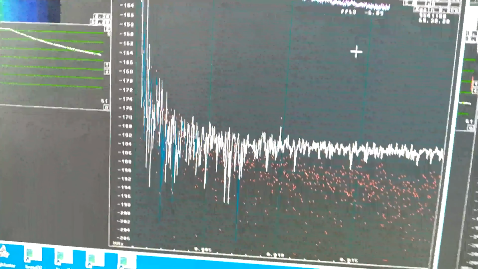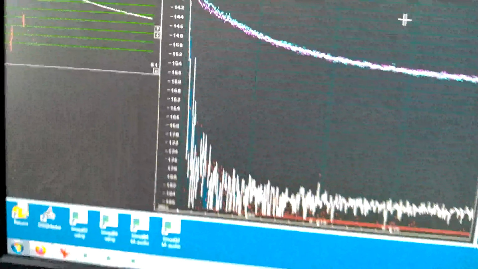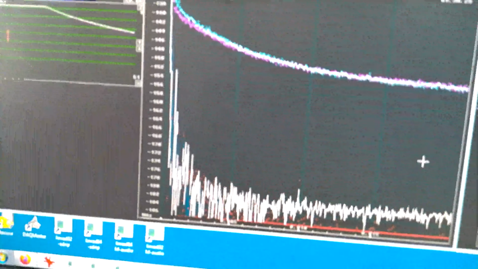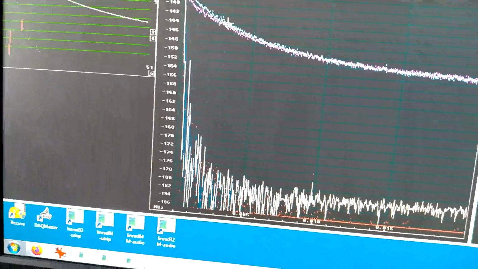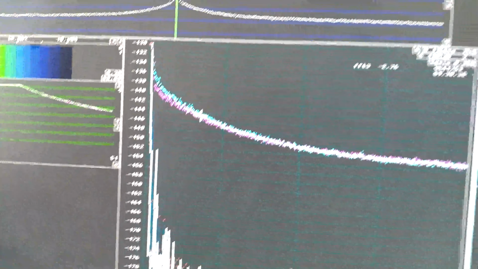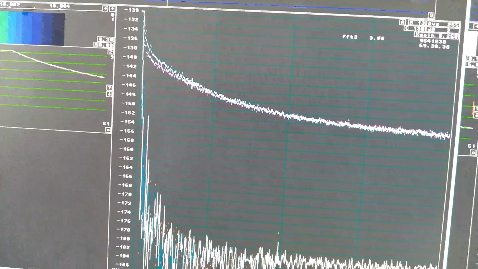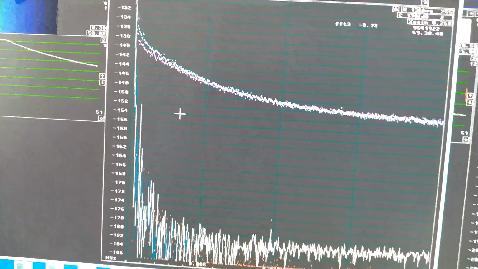I can bring the curve down, and here you can see more clearly why it goes up, because the AM noise of the receivers themselves becomes very high here.